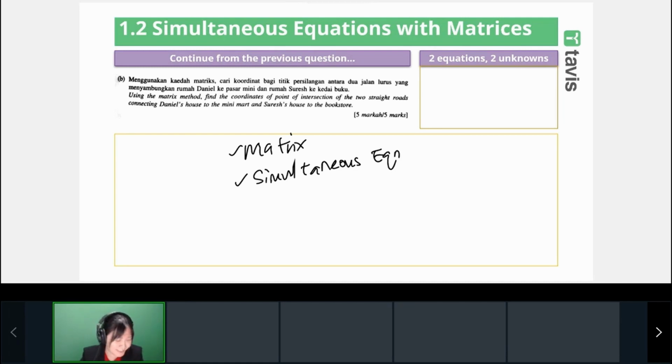And then the last one is graph of motion, graf gerakan. I'll try to cover these 3, so bear with me. Let's do this together.